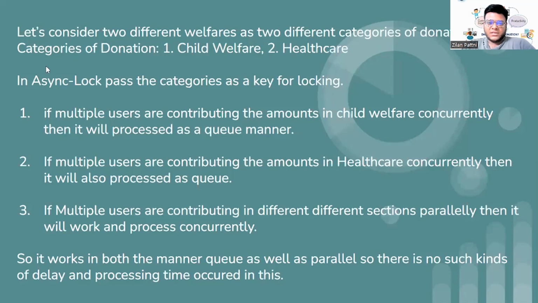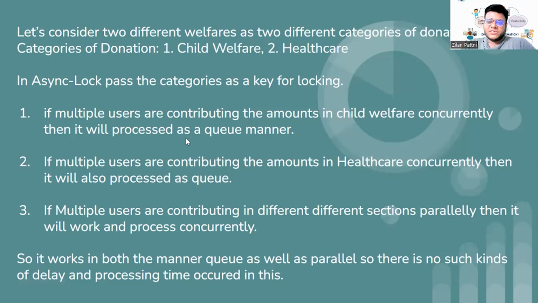Here you can see 2 different welfares, 2 different categories: donation, child welfare and healthcare. In Async-Lock, we pass the category as a key for locking. As we said, we will pass the category as child welfare and healthcare.